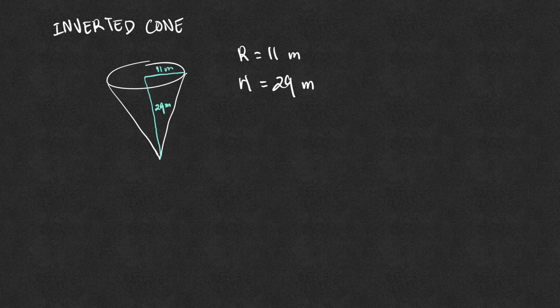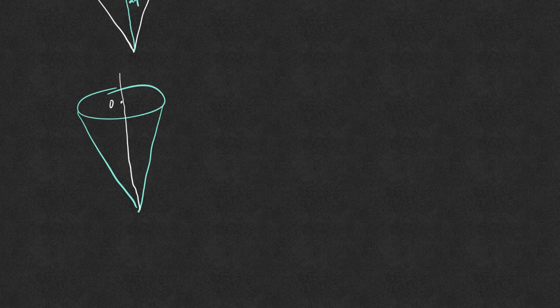In most calculus problems, there are two main ways to set up the coordinates for inverted cones. One is to set up the coordinates so that the origin is at the center of the circle. In this case, we would set 0 at the center with the vertical axis pointing down.